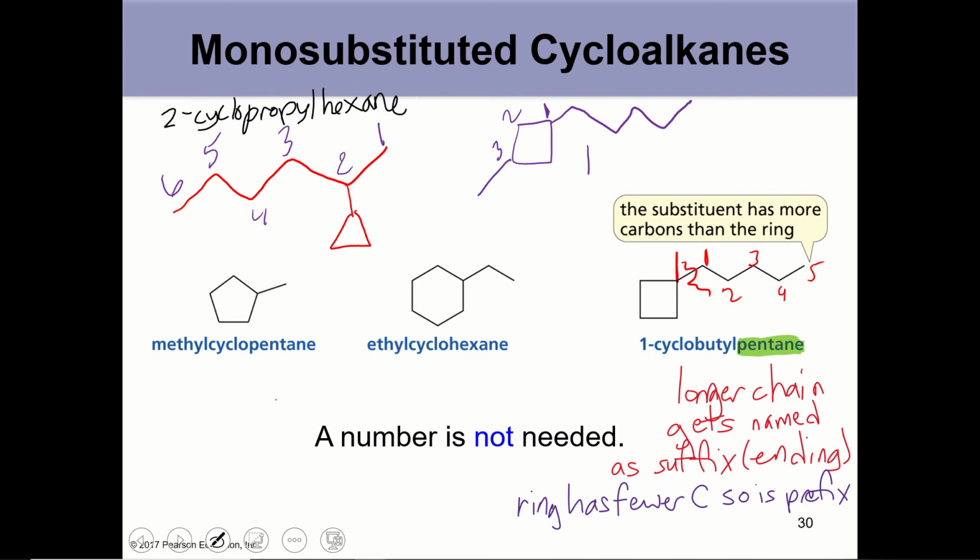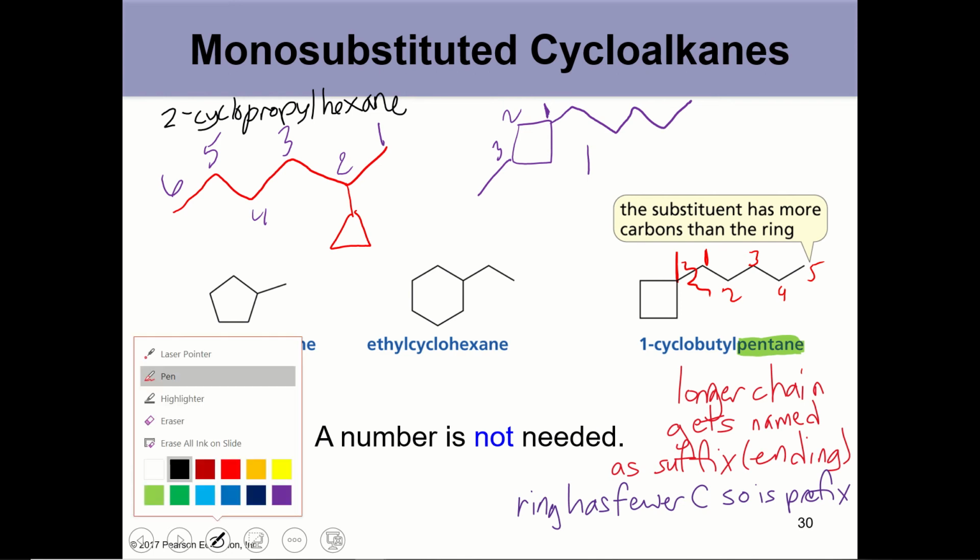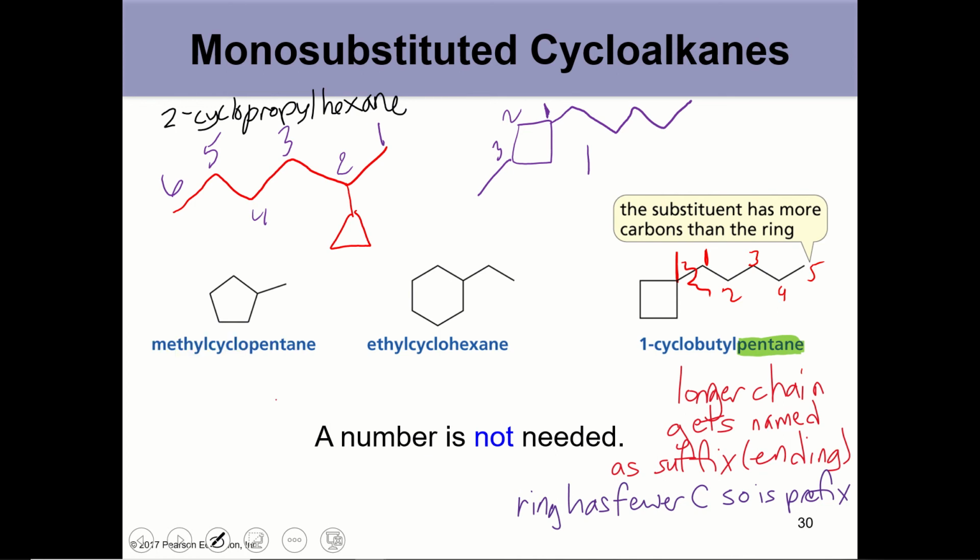And then the second structure, the second example that I'm giving you, the longest chain is 2, 3, 4, 5 carbons. You're going to number so that the branch point has the lowest possible carbon.